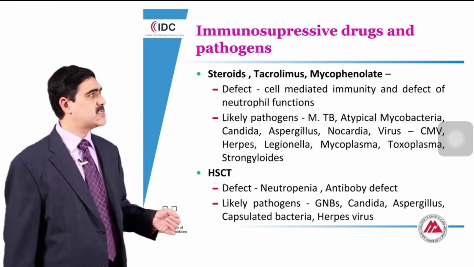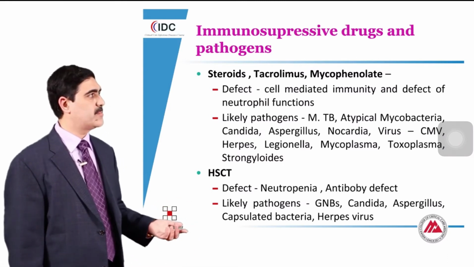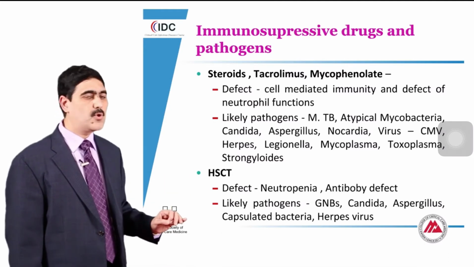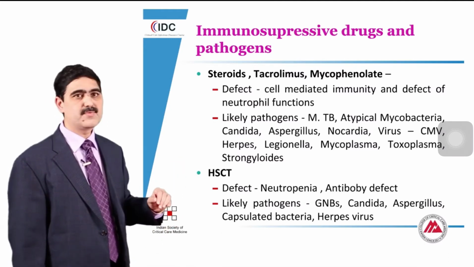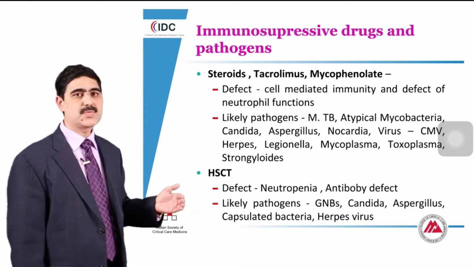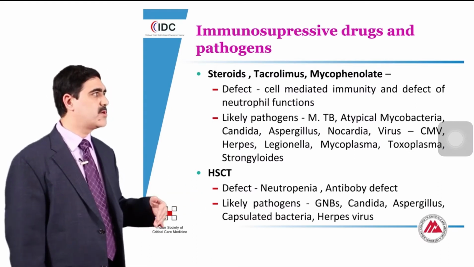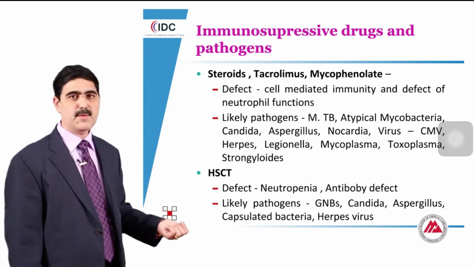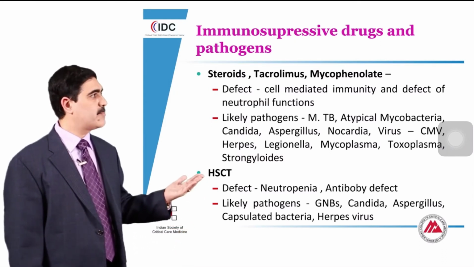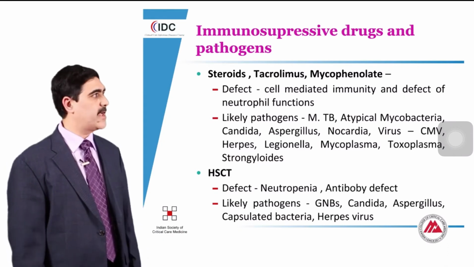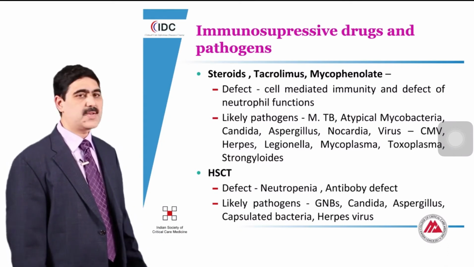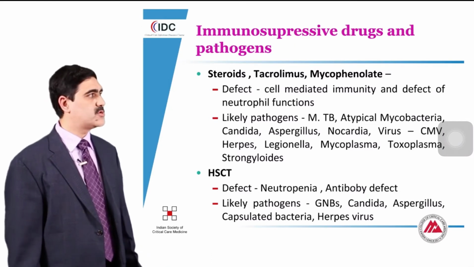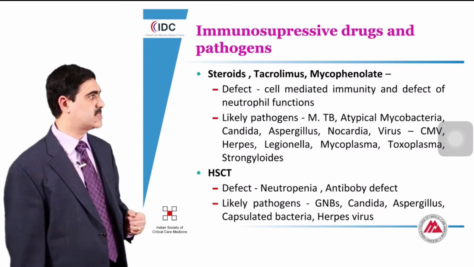So, in patients who are on steroids, tacrolimus or mycophenolate, we often think of infections that could be linked to defective cell mediated immunity and reduced neutrophil functions, and this could include infections with tuberculosis, Mycobacterium tuberculosis, atypical mycobacteria, Candida, Aspergillus, Nocardia, and also viral infections like CMV, herpes, and also Legionella, Mycoplasma, Toxoplasma, and strongyloidosis. Any of these could happen.